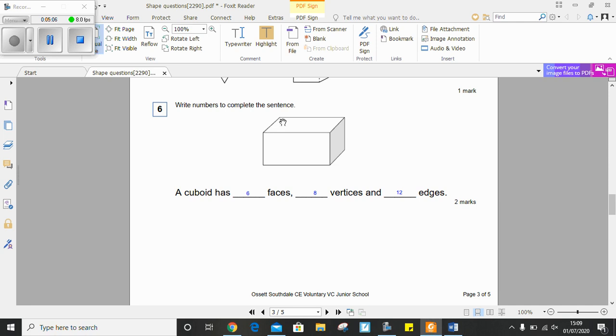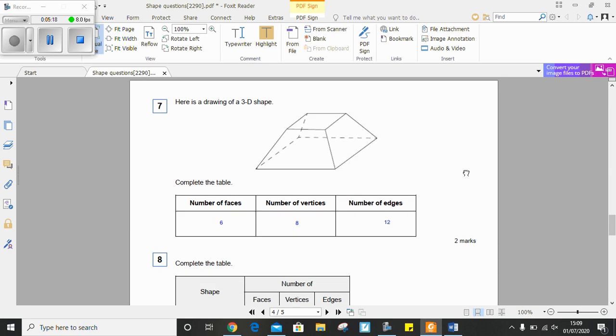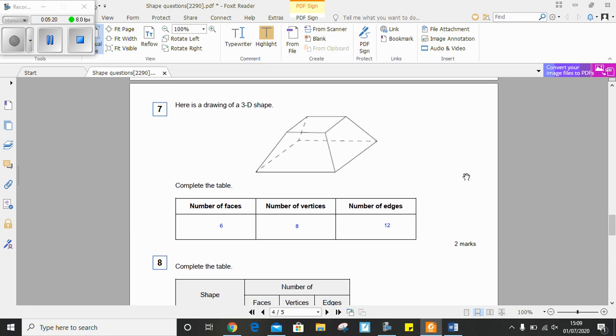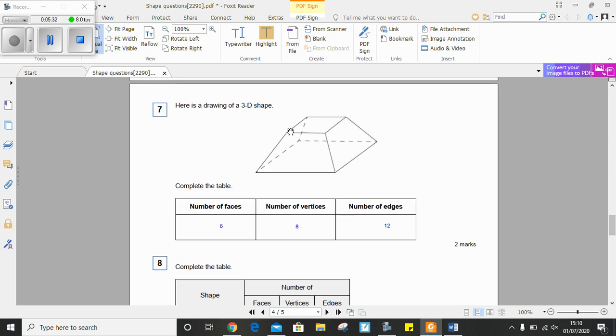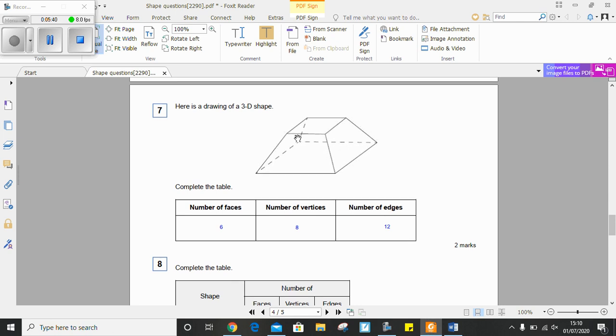And it has 1, 2, 3, 4, 5, 6, 7 behind it, 8, 9, 10, 11, 12 edges as well. So this one's a little bit easier because I can see through the shape. It's helped me out here. So I can see it's got 6 faces, 8 vertices, and 12 edges.